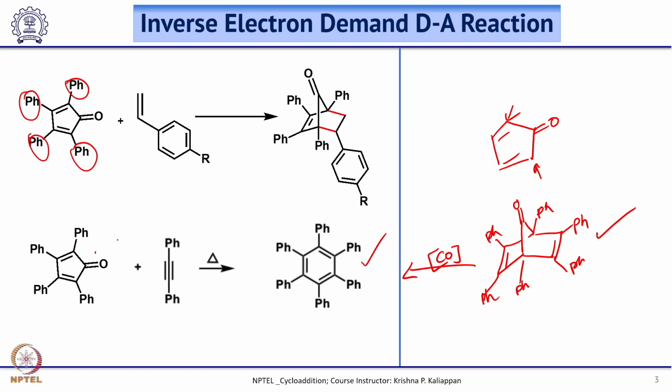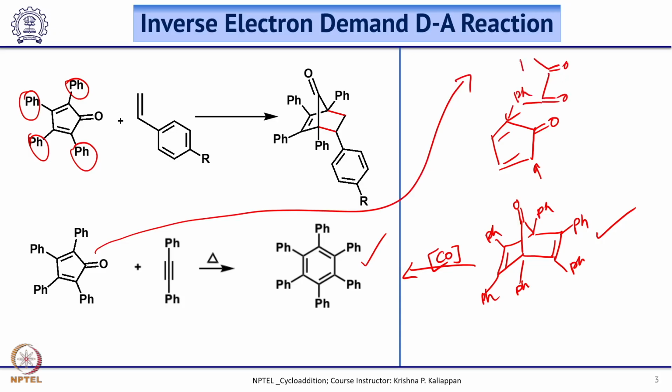More importantly, this compound, tetraphenyl cyclopentadienone, one can also easily prepare from the corresponding diketone and ketone. This can undergo an aldol reaction to give the starting material in one step.